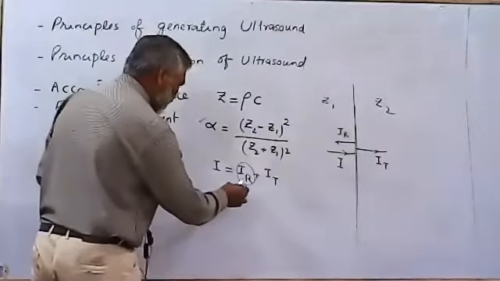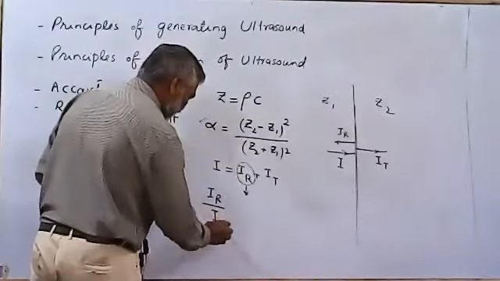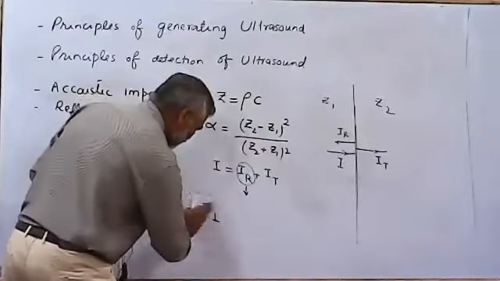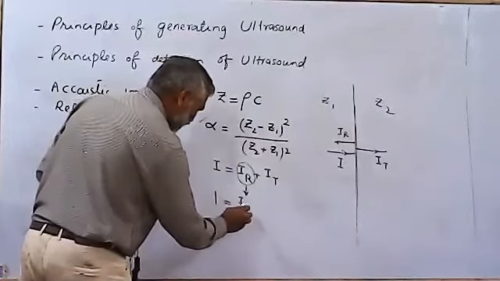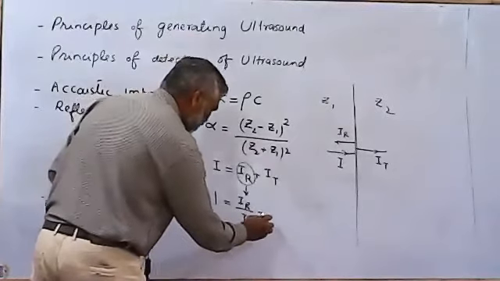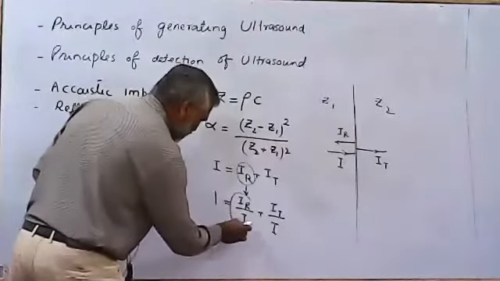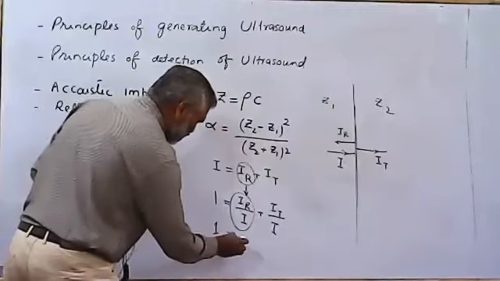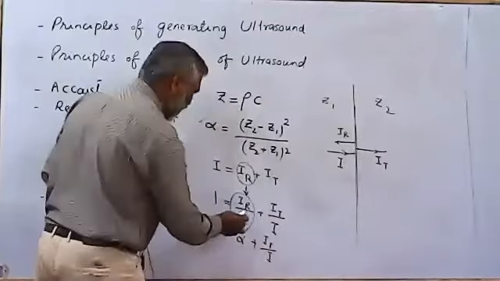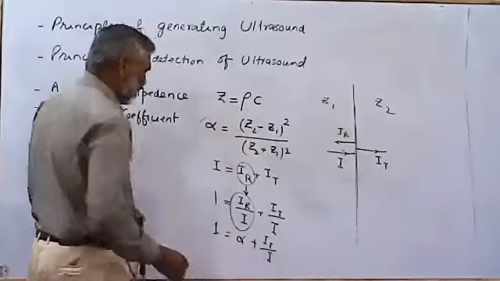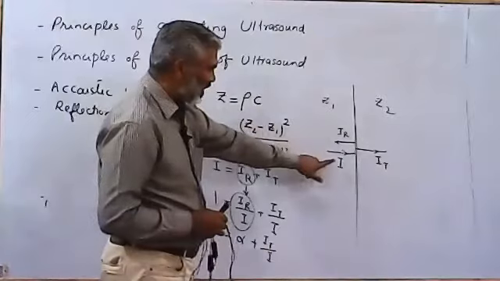Let me divide this whole equation by the incident intensity I. So 1 is equal to IR over I plus IT over I. IR over I is actually alpha, so 1 is equal to alpha plus IT over I. This part, IR over I, is the reflection coefficient, that means how much is reflected divided by the original intensity.